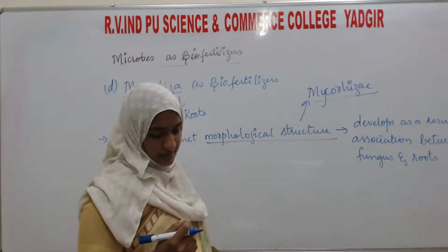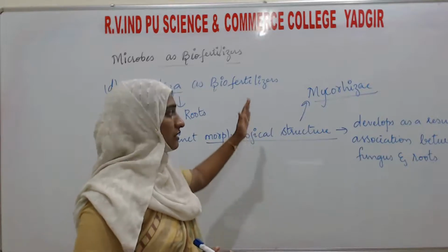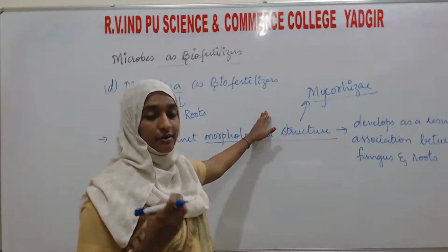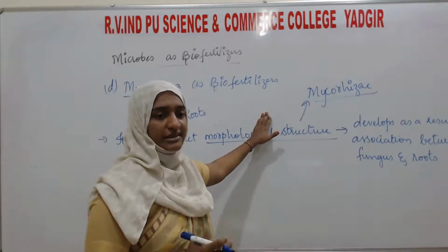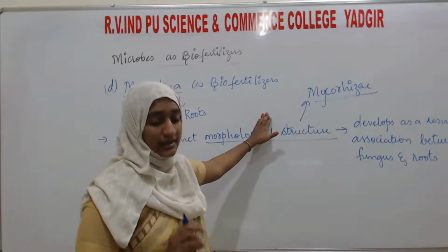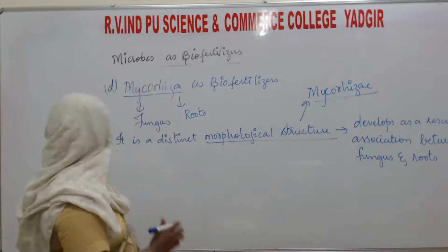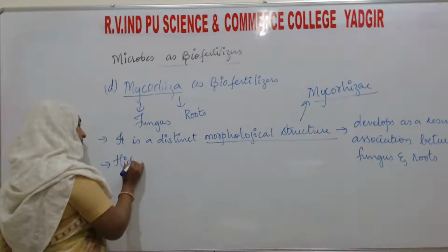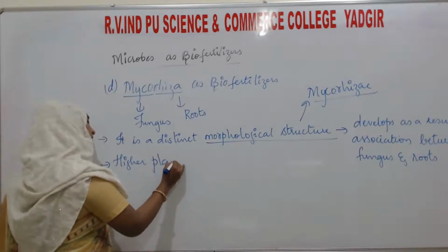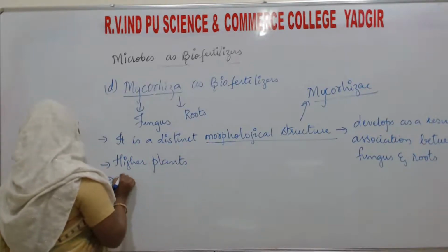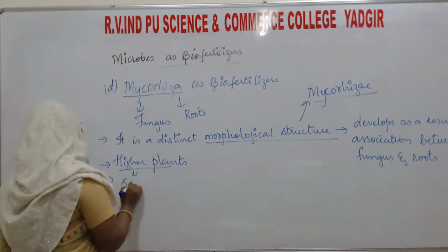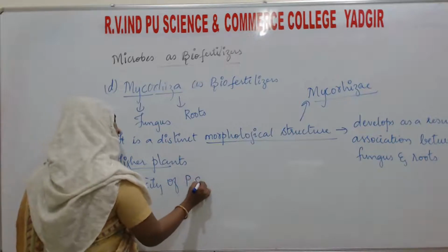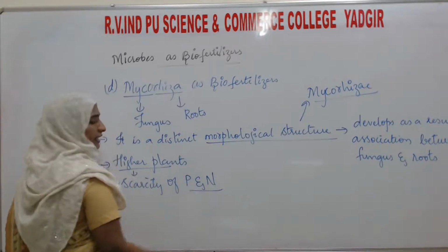Where do you find this particular structure? In higher plants where there is a scarcity of nutrients, especially phosphorus and nitrogen.